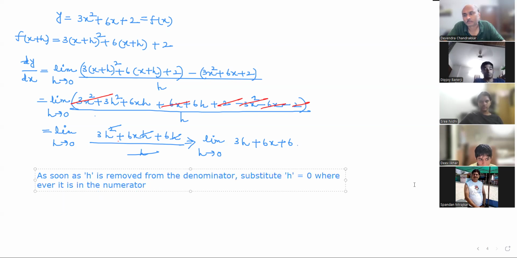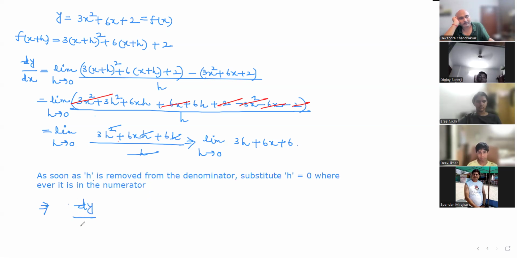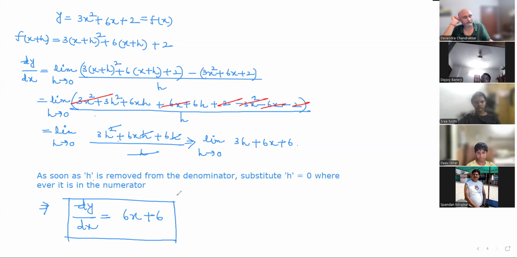That's why we can do this. This step is justified because h is very small, like 10 to the power minus 99 lakhs. So once we substitute this, dy by dx is equal to 6x plus 6. This is how we use the first principle of differentiation.